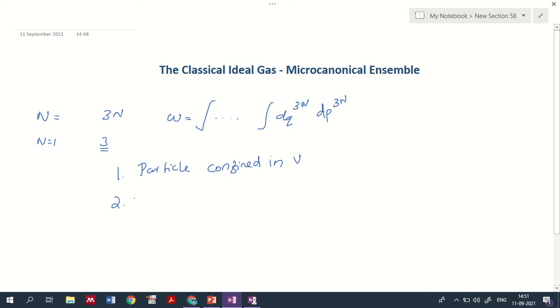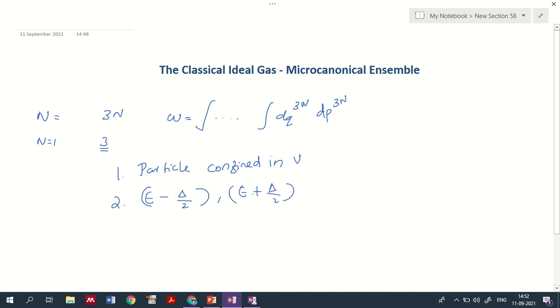Also, the energy, the Hamiltonian corresponding to that, lies between E minus delta by 2 and E plus delta by 2.